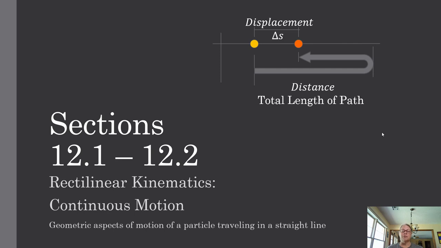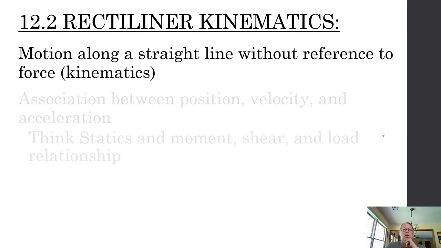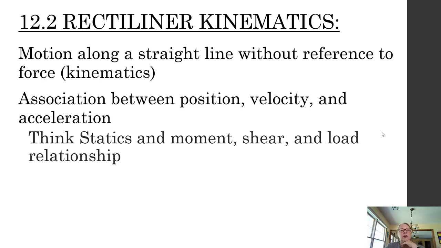So chapter 12 is super important because we will be using this information for the rest of the semester. Okay, so when we're talking about rectilinear kinematics, we're going to be looking specifically just at straight line motion. Again, it's without reference to force, and we're going to learn about the association between position, velocity, and acceleration.